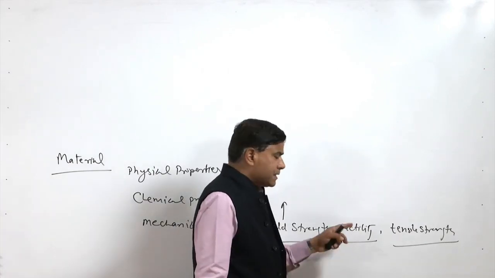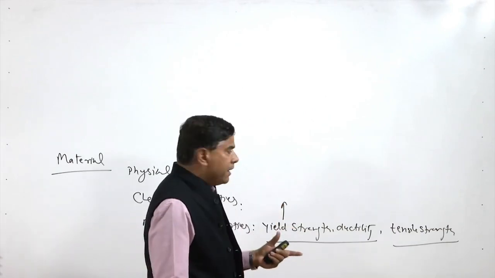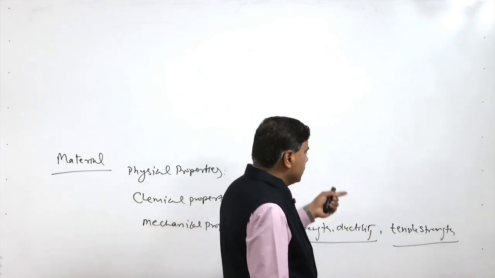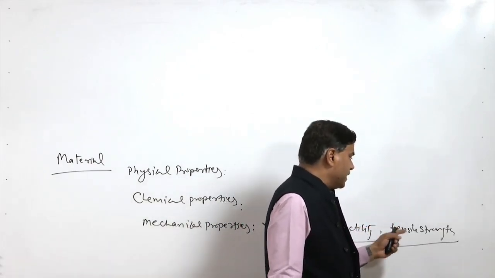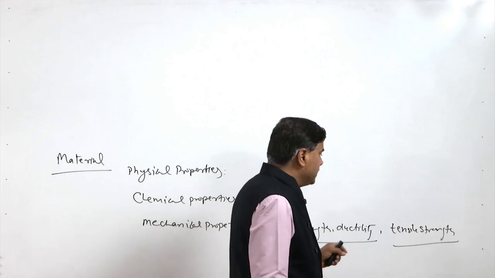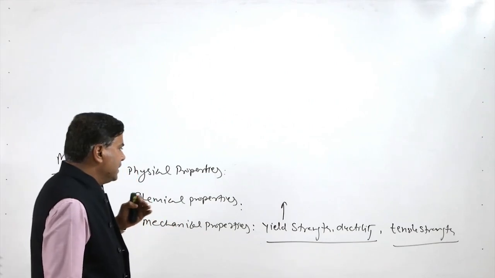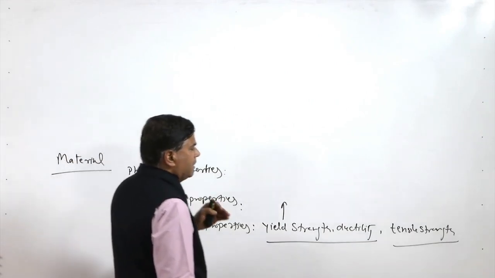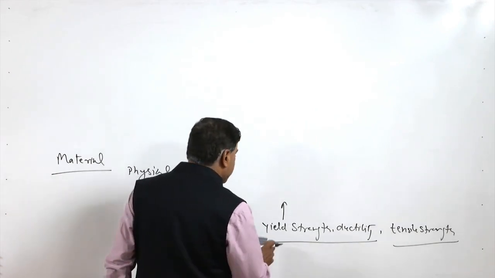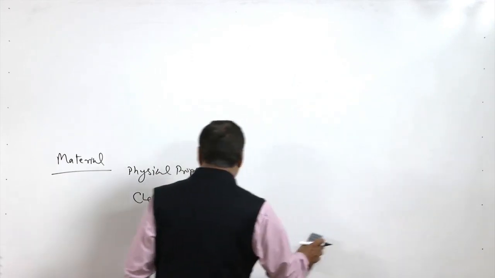The elongation is the extent of the deformation or the strain which a material can sustain prior to the fracture, and it is measured in terms of percentage elongation, and also the percentage reduction in area is another parameter used as a measure of ductility. And the maximum stress the material can take is defined as the tensile strength or ultimate tensile strength, beyond which the failure of the material will occur.